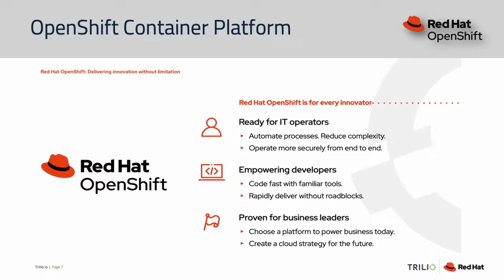Things that are collated and that we have seen out in the industry that are stable and trustworthy in order to deploy your applications and manage those applications at scale.